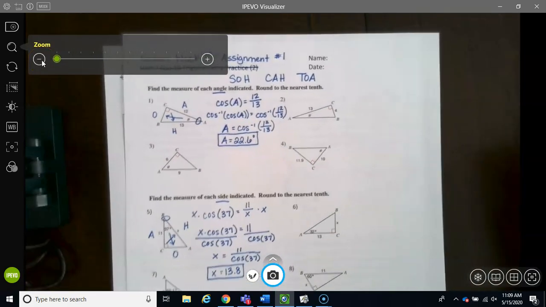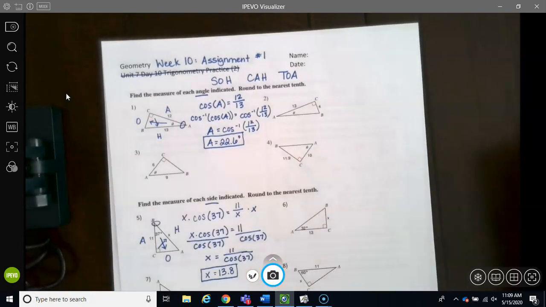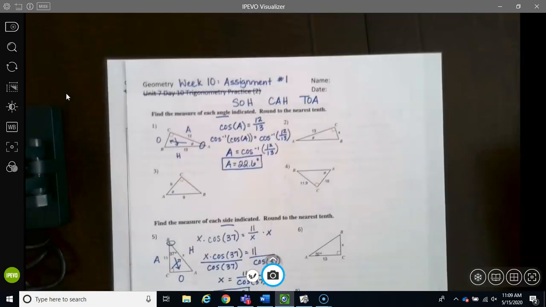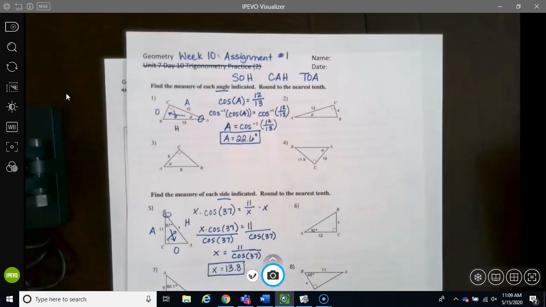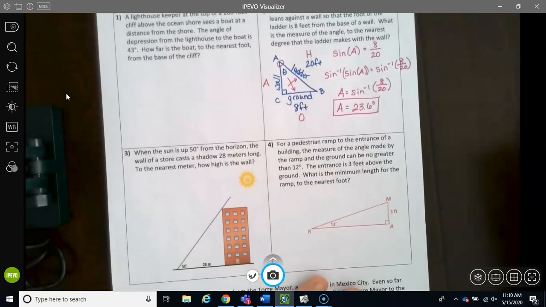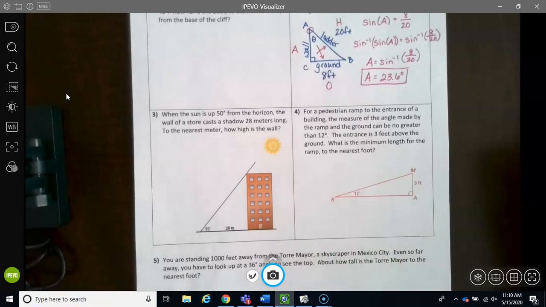So your first assignment is this one labeled assignment 1, where I canceled out the bottom 4 problems, so you're not doing 9 through 10. You just have to do 1 through 8, and we did 2 of those together. And then your second assignment is these word problems. Go ahead and do 1, 3, 4, and 5 on your own.